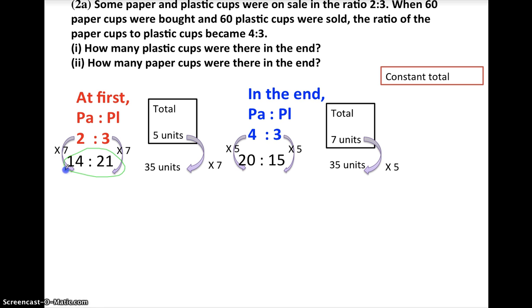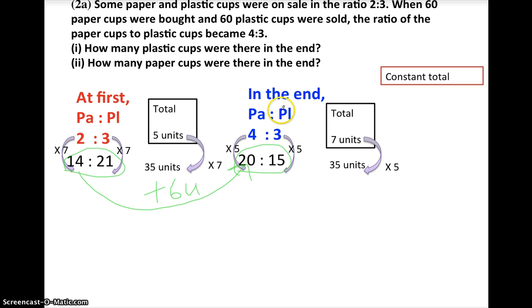Alright, now that I have this new set of ratio, let me circle it for you. 14:21 is my new set of ratio, and 20:15 is my new set of ratio. I'm going to use whatever I have circled. Okay, so from here, let's look at the paper cups from 14 units to 20 units in the end. Can you see that I added 6 units? Okay, so which means the number of paper cups actually increased by 6 units.